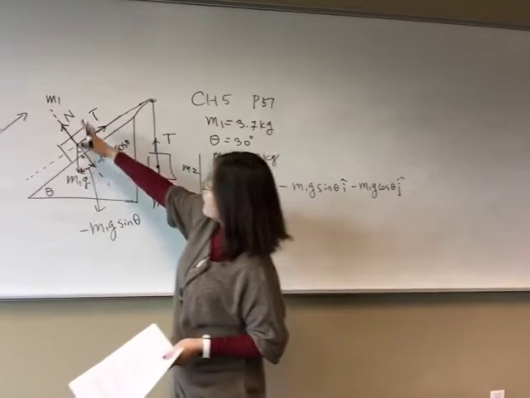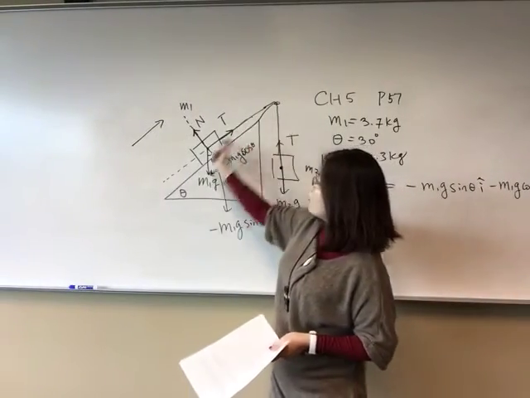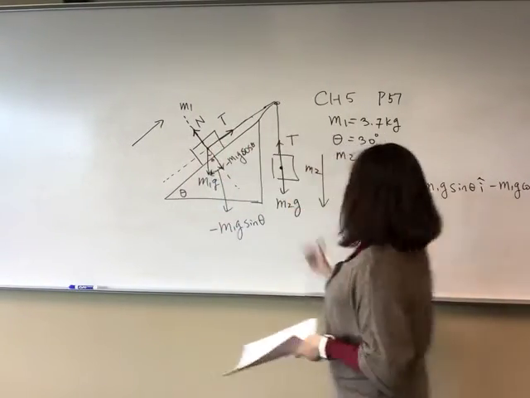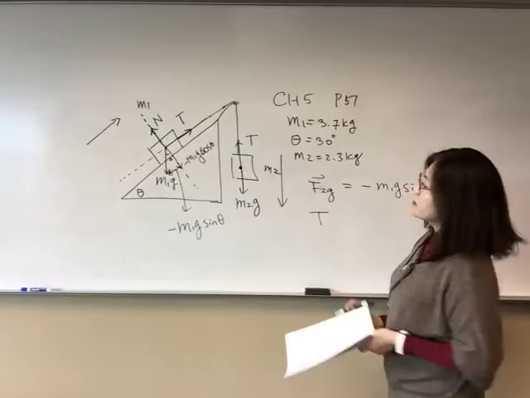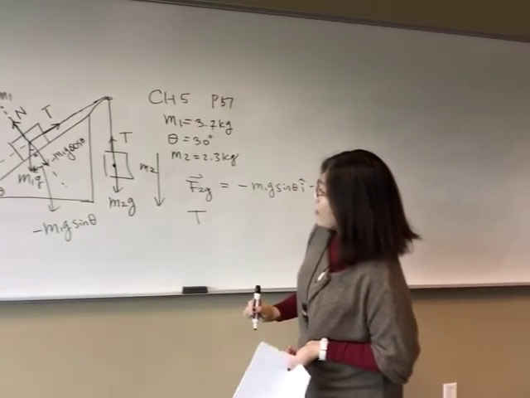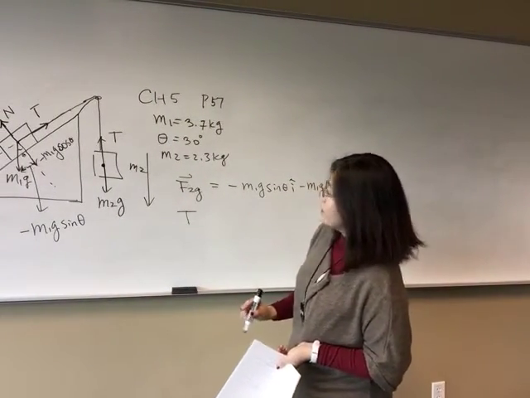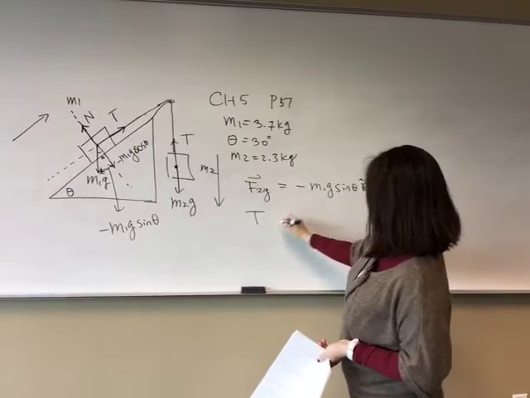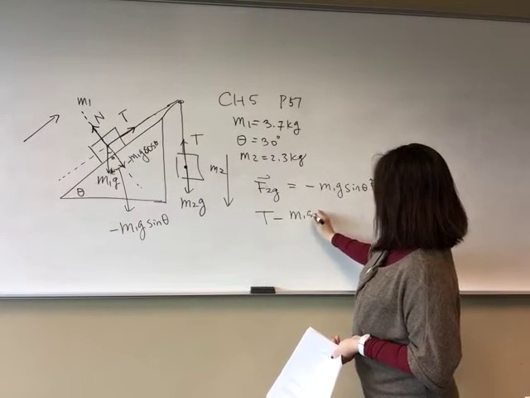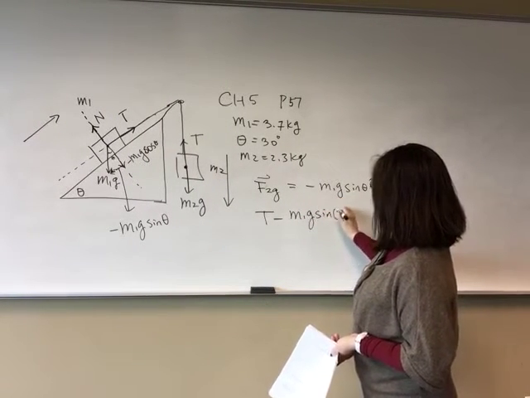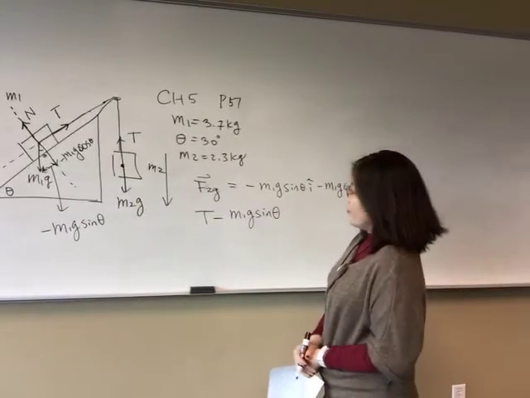Now, the net force in the horizontal direction will be tension, that's rightward, and the x component of the gravitational force is leftward, so minus M1g sine theta. That will be your net force.